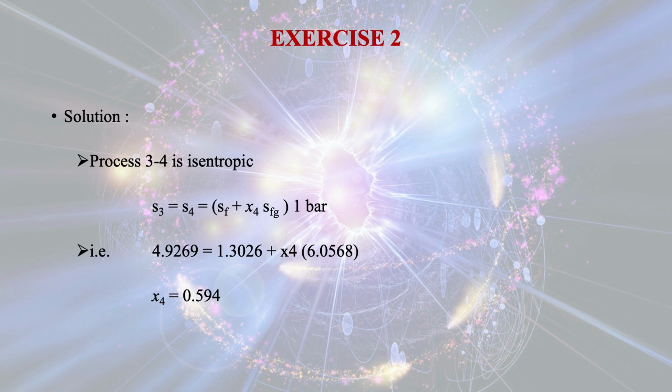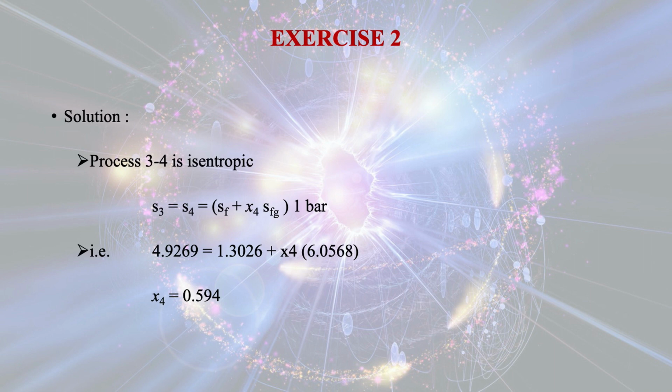Now dear learners, what is X4? X4 is the quality of steam at the exit point of the turbine. So you know very well the value of S3, you know SF, you know SFG, only one equation and one unknown.